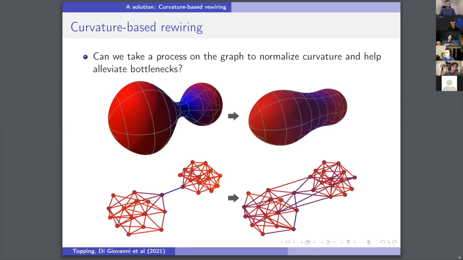I can suddenly talk to someone in Europe when I couldn't talk to them before, even though I don't have a direct connection, and that feels surprising. It's like looking at the graph as a black box and saying, I'm just going to rewire things in such a way that it's nicer from a message passing point of view. But at the same time, I'm losing information about the underlying topology of the graph. How do you deal with that sort of trade-off? Does that even make sense as a question?